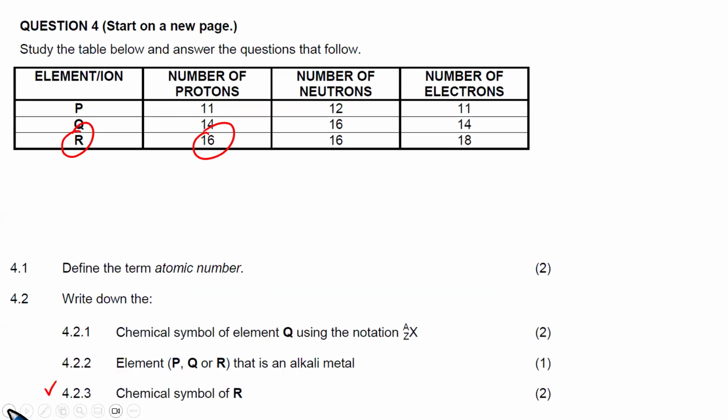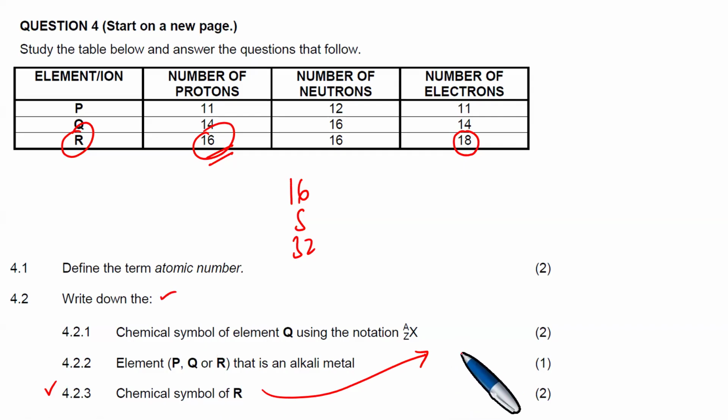So we saw that you have 16 sulfur 32. But now if you look at these, the electrons are 18. The protons are 16 and the electrons are 2 more, so they don't balance. So because they don't balance in 4.2.3, you're going to write down the chemical symbol.